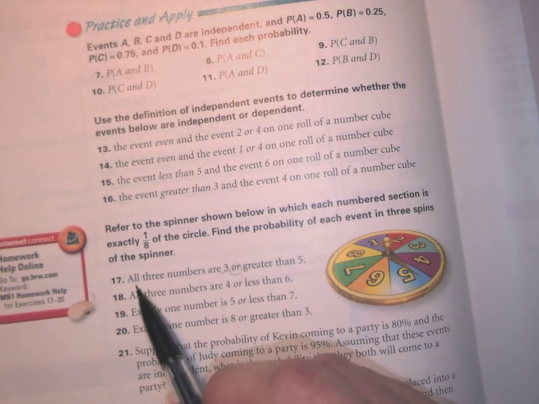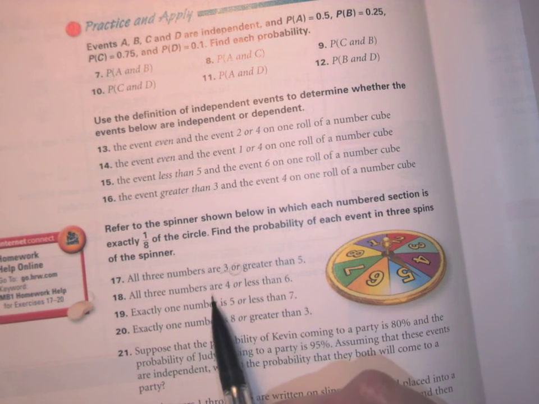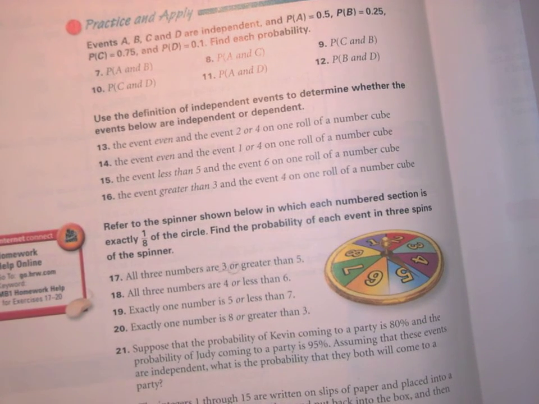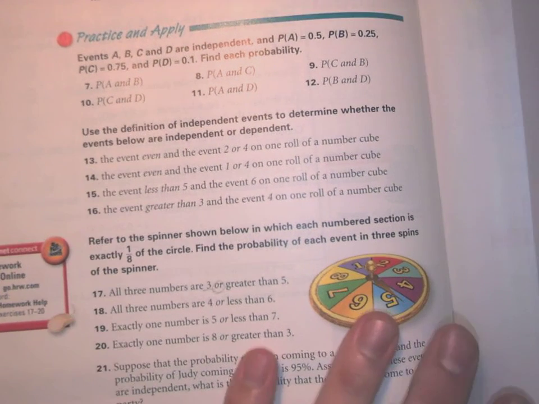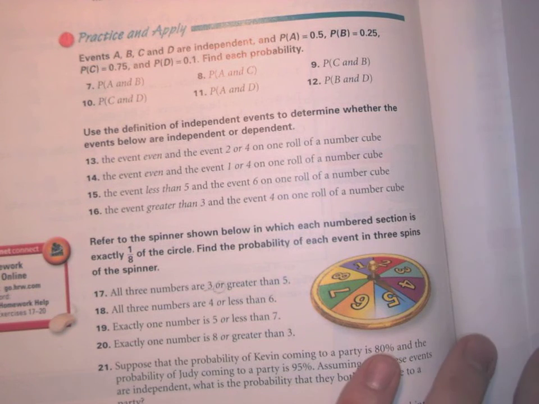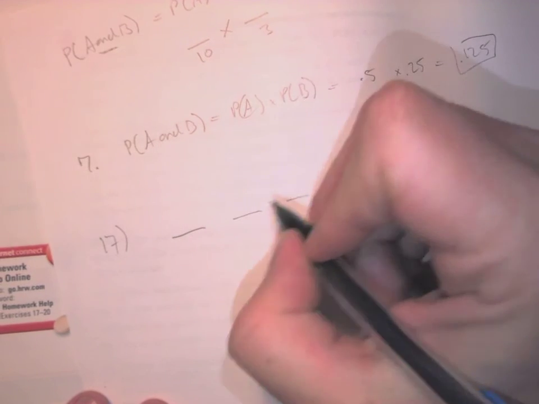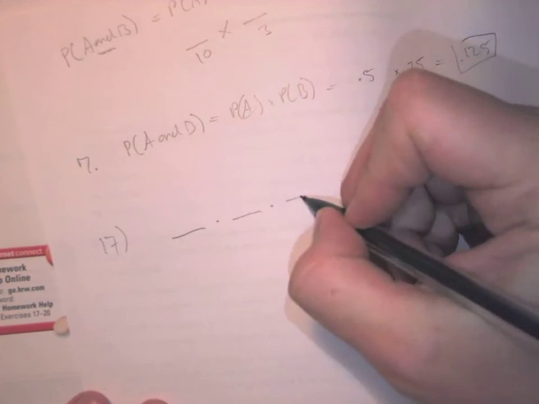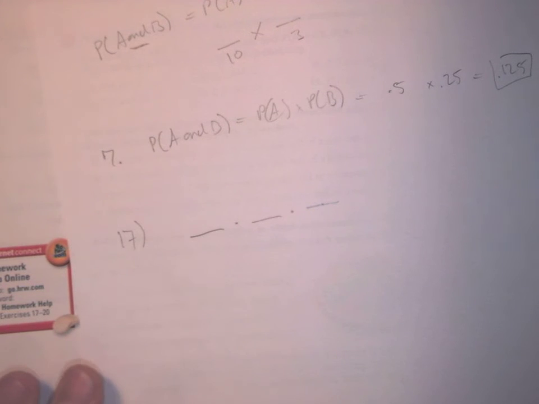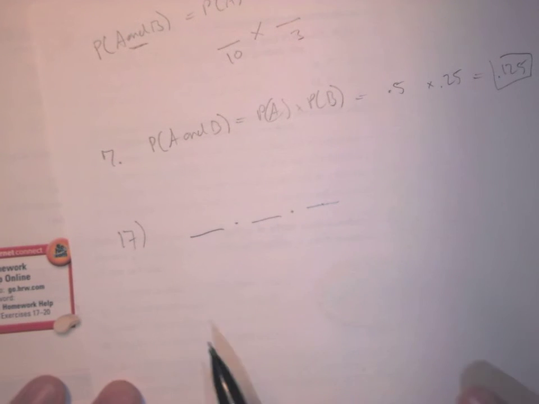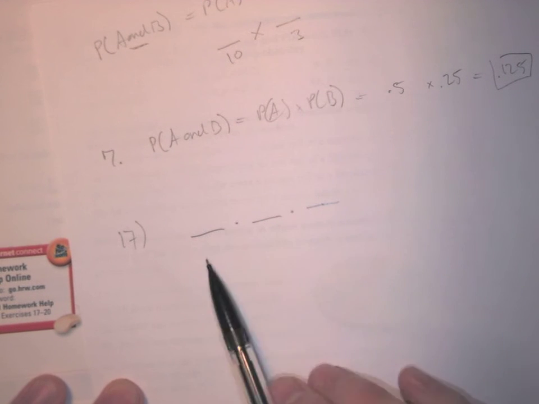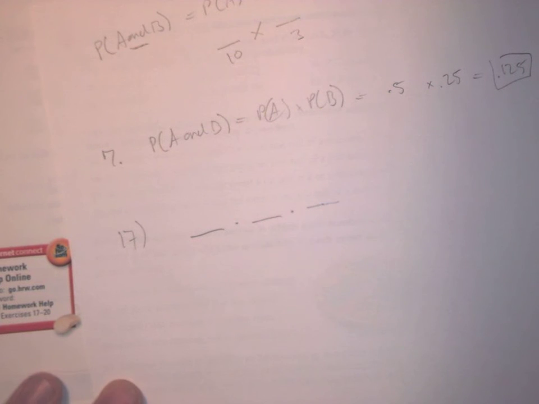But we also have 3 different spins, so there are actually 3 different events, which means 3 different probabilities. We want to find the probability of each separate event and then multiply them all together. The probability of all 3 of these events happening at the same time is the product of the three different probabilities.